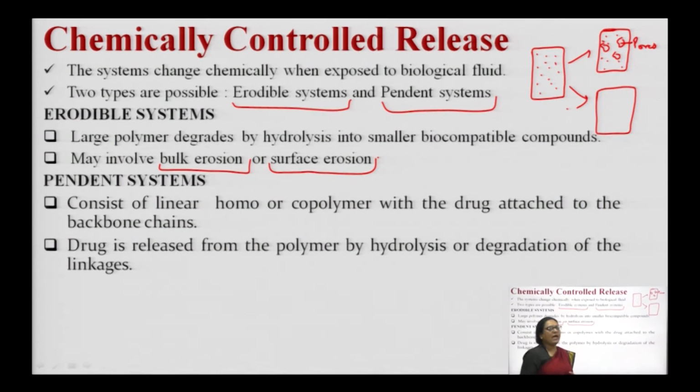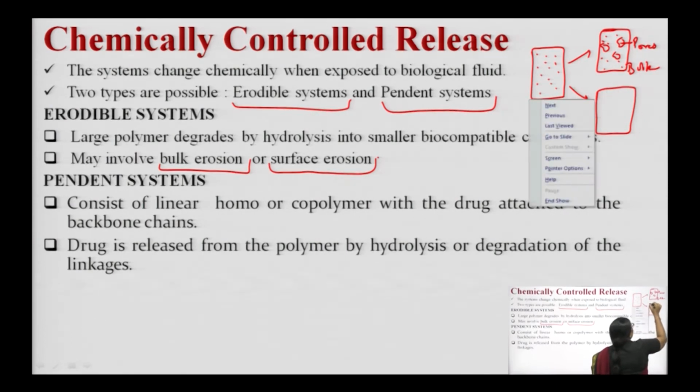Whereas, in a surface erosion system, the erosion happens only at the surface. Here the erosion was happening in the bulk of the polymeric matrix. So, this was bulk erosion. In surface erosion, the drug will be released only from the surface.